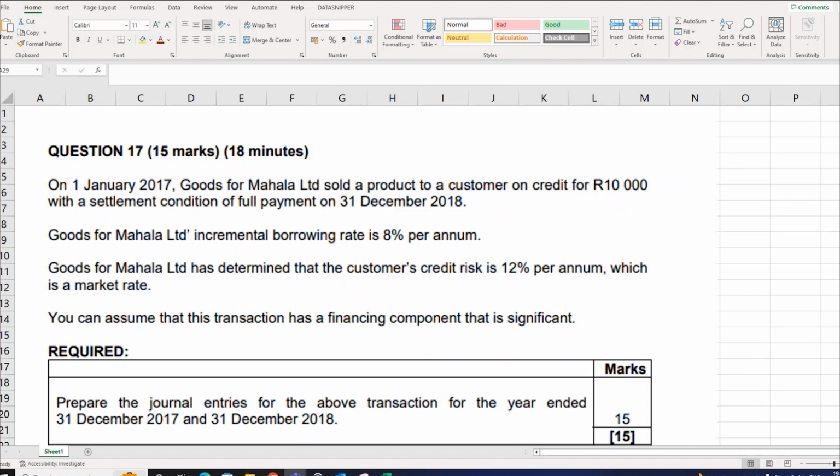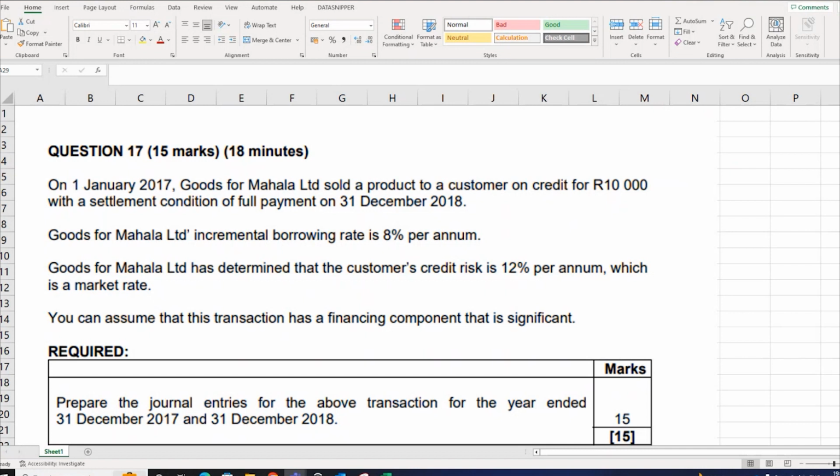one of the things that you need to consider is if there is a significant financing component. With a significant financing component, if the difference between when you're giving the product over to the customer and when you're receiving the money for the product, as a practical expedient, is over 12 months, then you typically have a significant financing component.